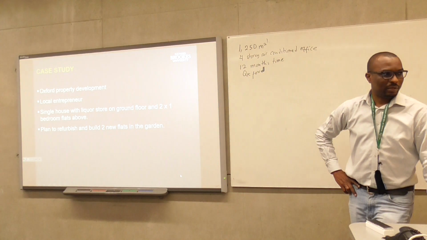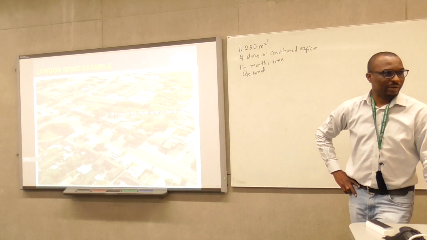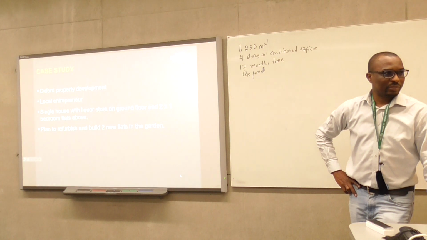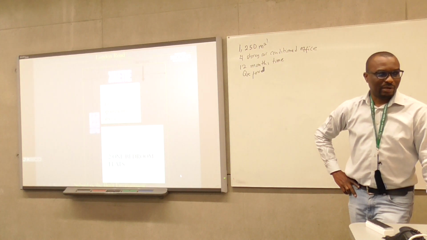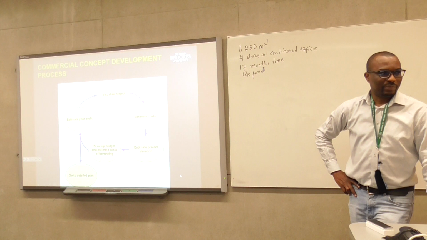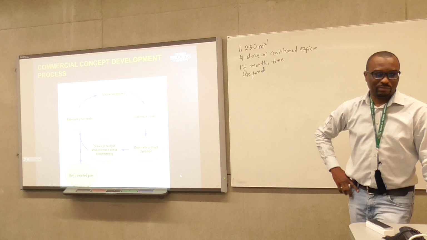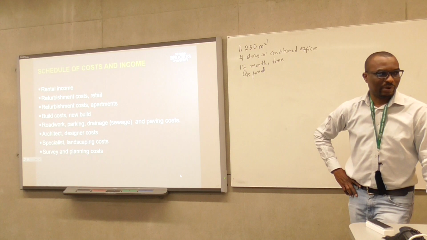So that's another example of a case study of a project, a small project where the guy wanted to do a single house with a liquor store on the ground and first floor. In coming up with the analysis of cash flow, basically try to visualize, do an estimated cost, and then determine what the duration will be, just the same old process, right?